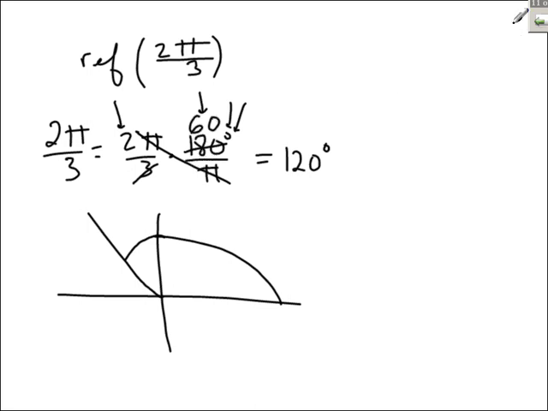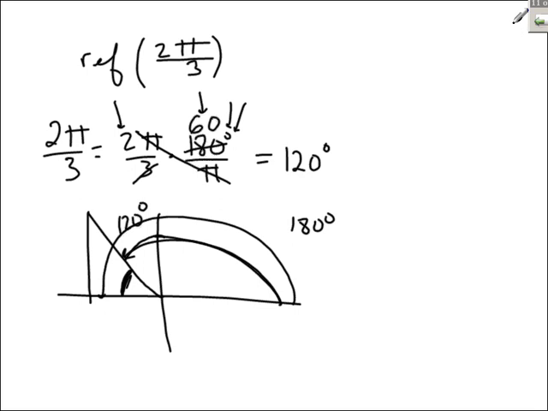Okay, so here is our reference angle. We know up to here in degrees is 120 degrees. So how do we find out what this is? Well, make a mistake. Go this amount. Go 180 degrees. And then say, oops. Again, our goal is to find out this angle right here.